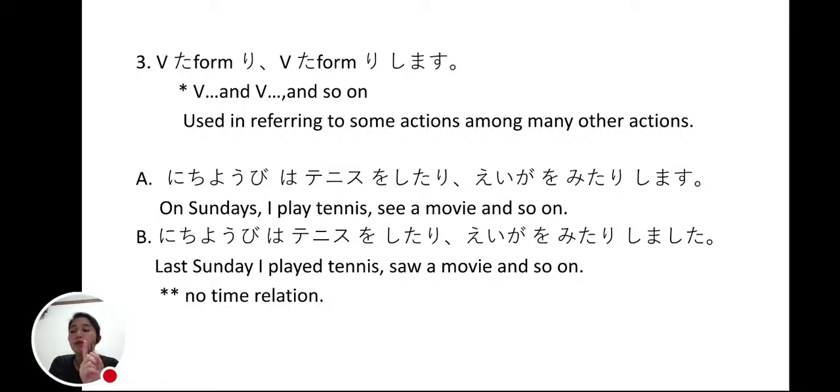We studied that pattern before. 日曜日はテニスをして映画を見ました。So there is a time relation. What happened first is that you played tennis, テニスをして, and then you watched a movie, 映画を見ました。So that is different from tari-tari.